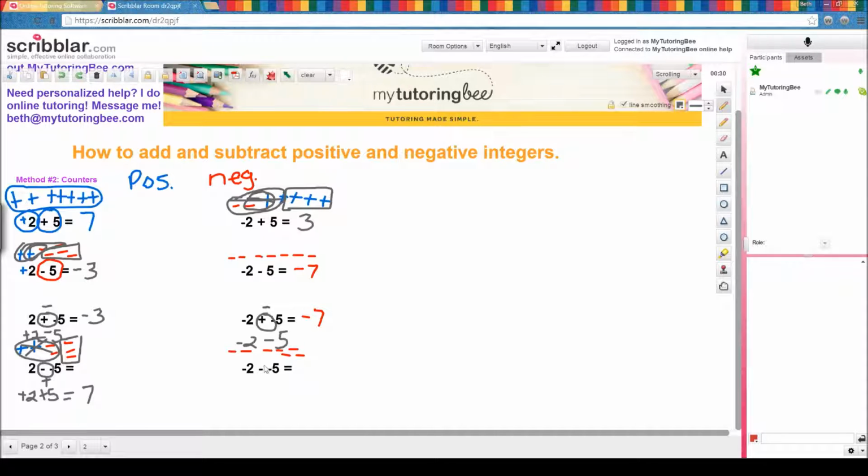Here we have again 2 negatives that are together, so that's going to turn into a positive. So I'm going to rewrite this as a -2 combined with a +5. I'll go ahead and do my counters on this one just so that you can see, since we're going to have to cancel out here. So here's my 2 negatives. And then I've got 5 positives.